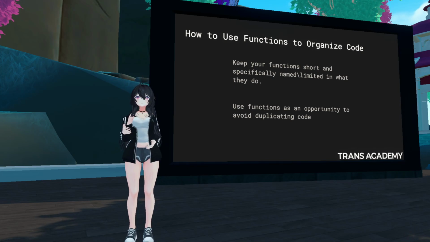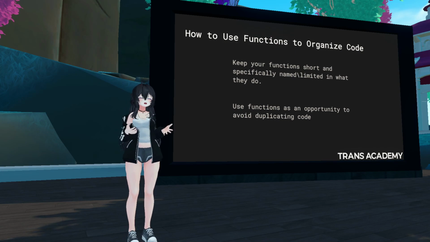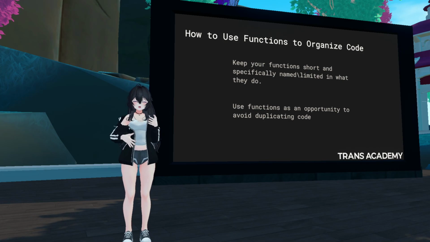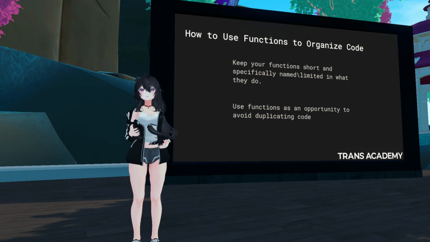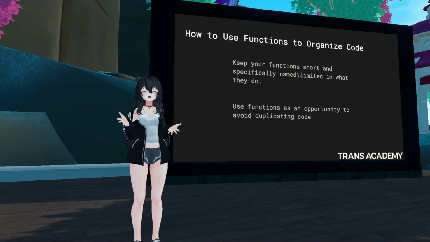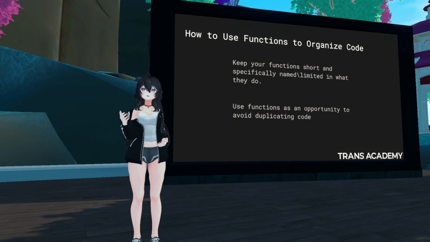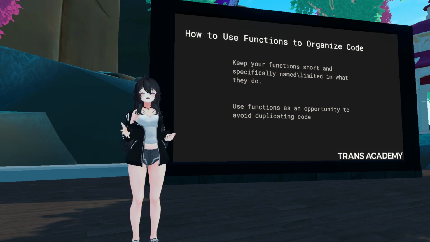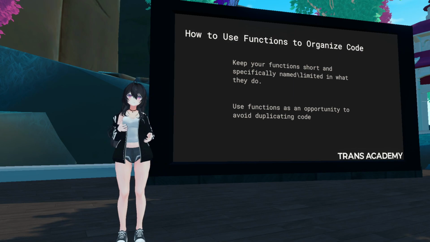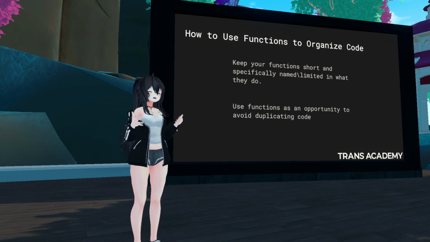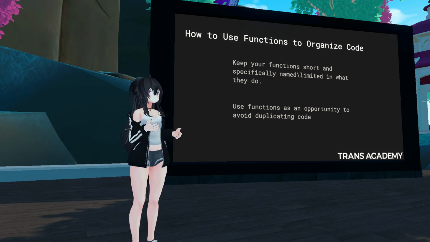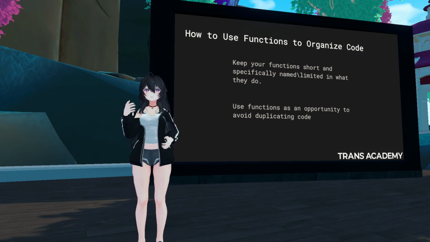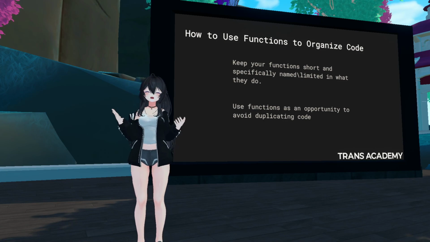If you're finding that you are copy pasting a lot of different parts of your code to do the same thing over and over and over again, even if it's just a couple lines, it might be better for you to move that into a function and give it a proper name. You'll find that when you have a lot of these repeated calls, the function and its name can help you better understand which part of your code is doing what.